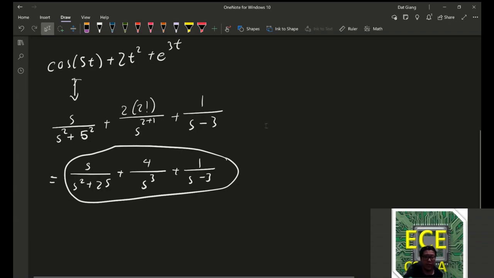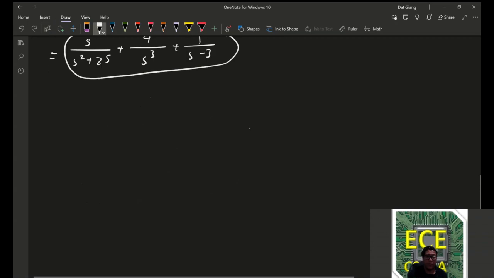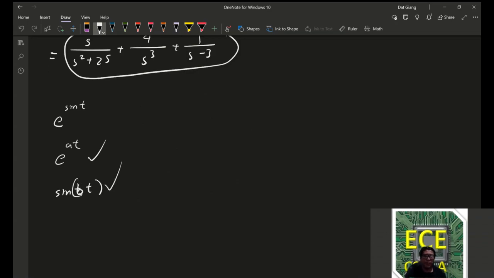So the last problem is e to the sine of t. I mean, e to the at has a valid Laplace transform. Sine of bt has a valid Laplace transform. But what about when you combine one into another? Does this have a valid Laplace transform?